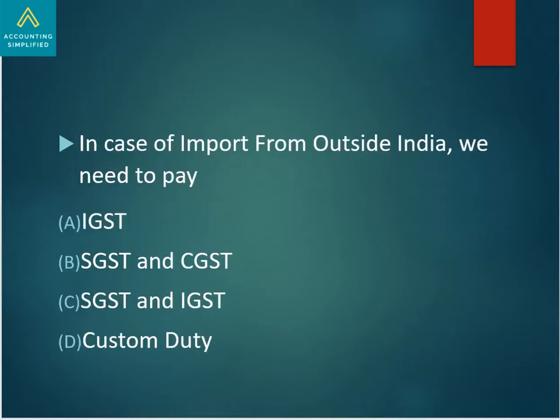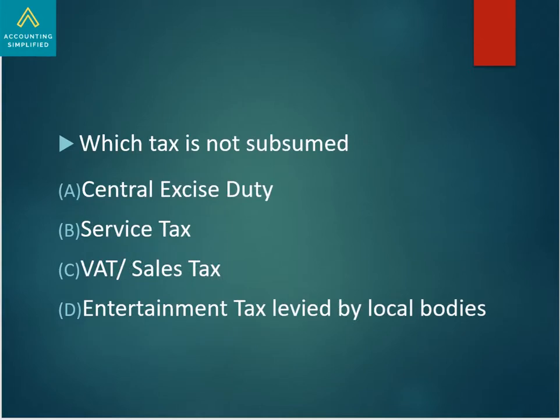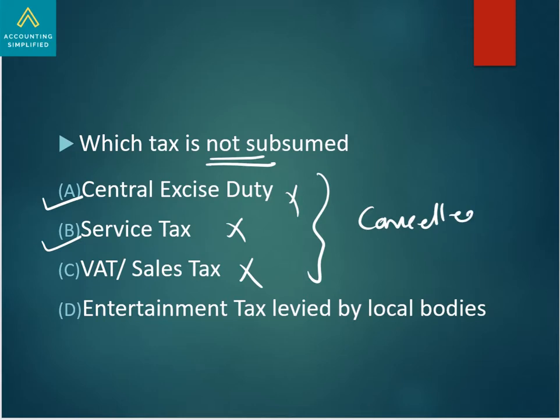Next, in case of import from outside India, we need to pay what? IGST, SGST, CGST, or custom duty. It's basic custom duty we need to pay, so custom duty is the correct answer. Next is which tax is not subsumed, meaning which is still levied. Subsumed means these are all cancelled or withdrawn, right?